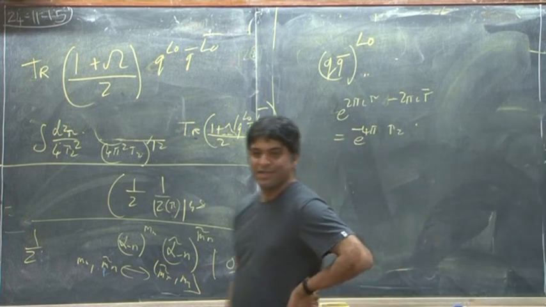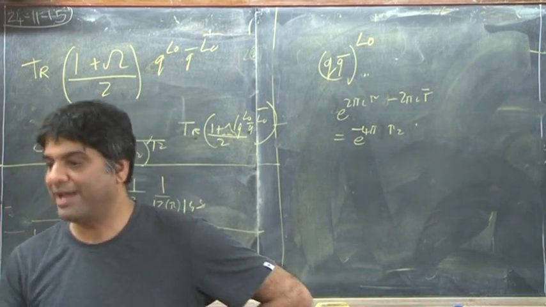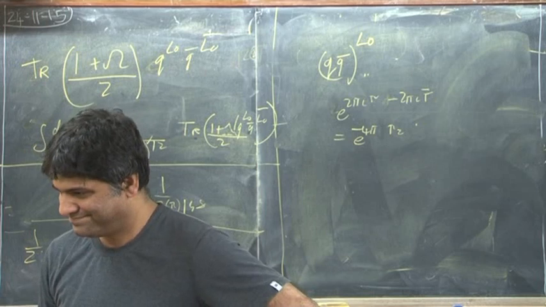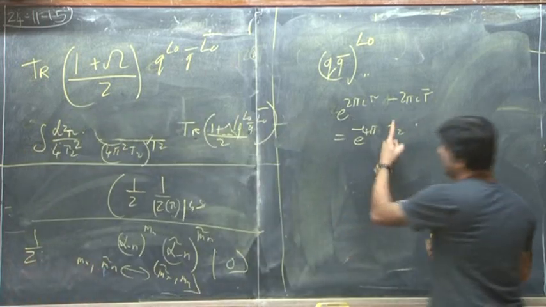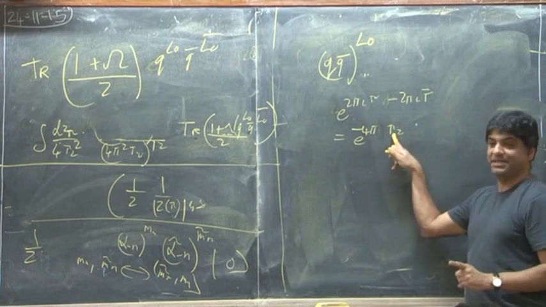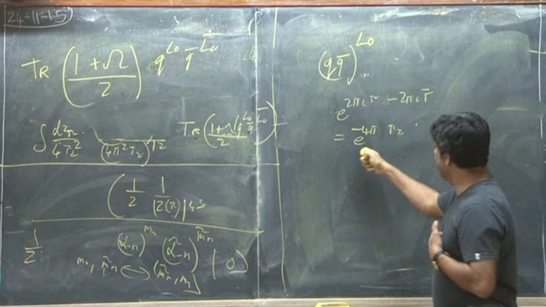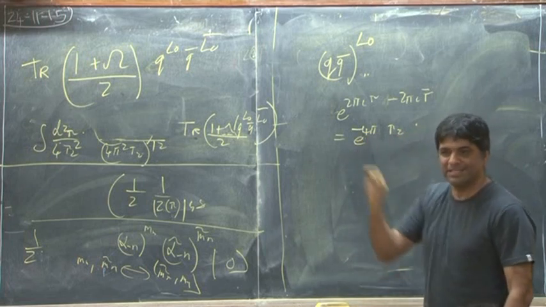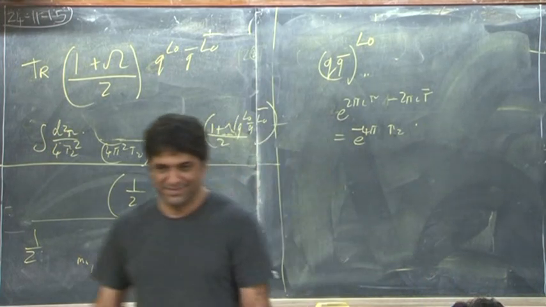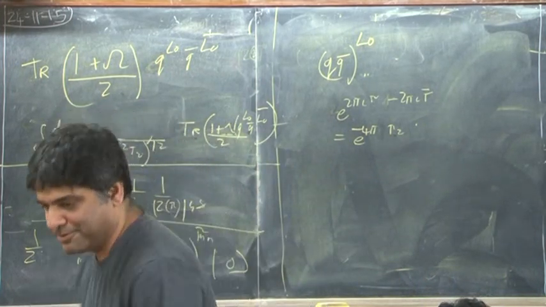Okay? So now what we get is something extremely similar to what we have in the open strings. There we had everything dependent just on tau 2. Once again we have everything dependent just on tau 2. The only difference is that in the open string we had 2 pi tau 2, whereas for the closed string, now we have 4 pi tau 2.